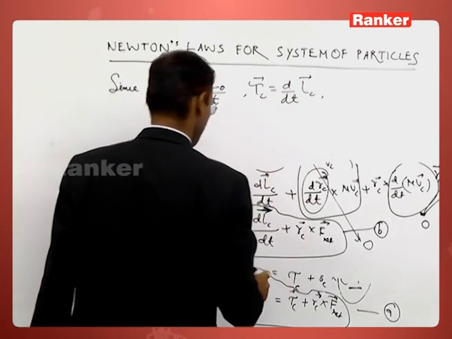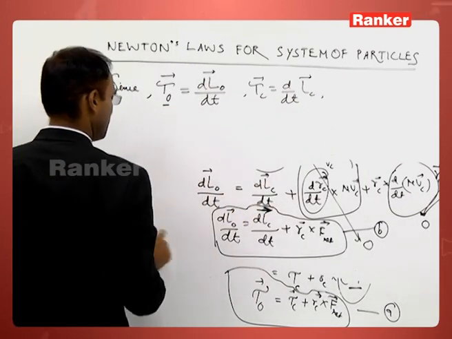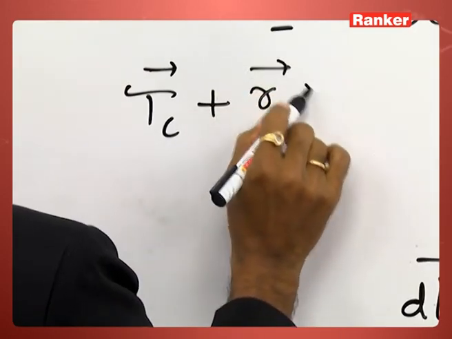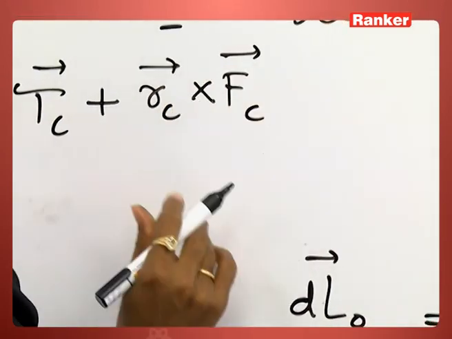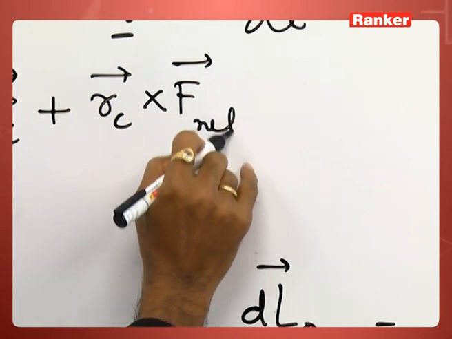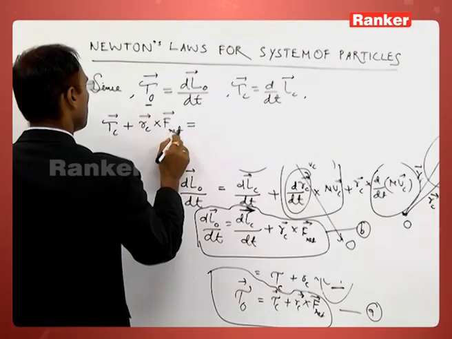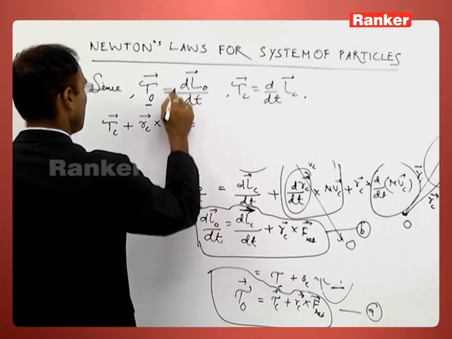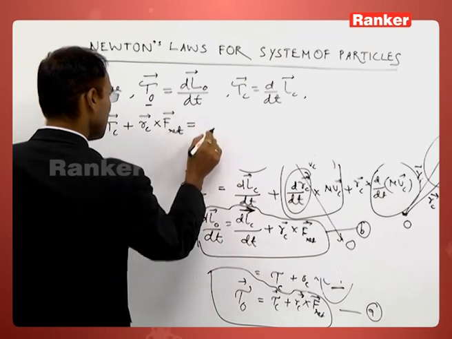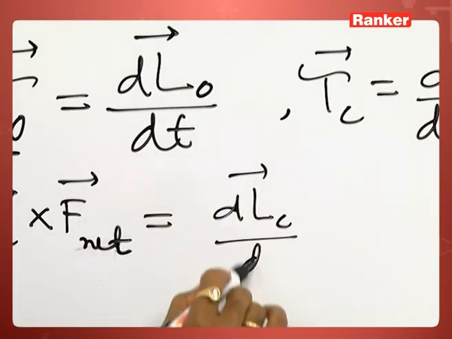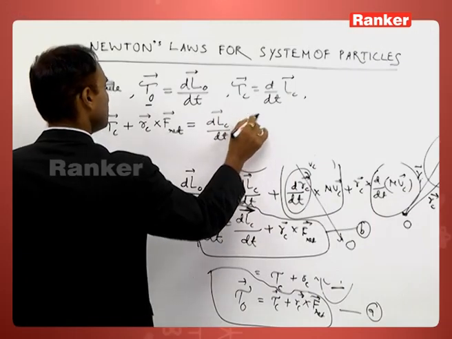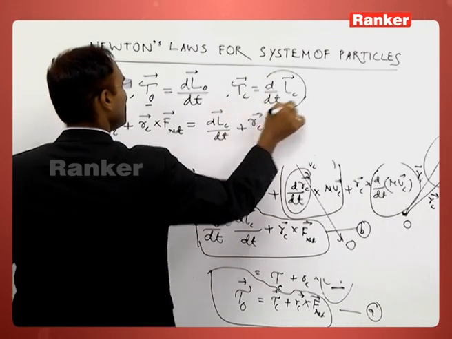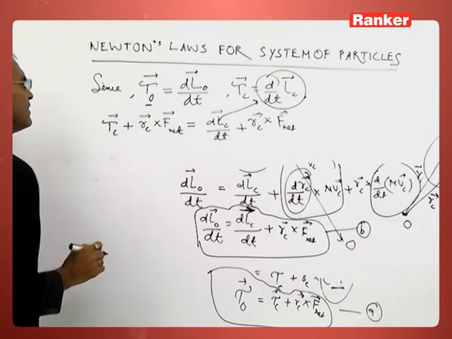Then, writing tau O is equal to tau C plus RC cross F net, we get dLO by dt equal to dLc by dt plus RC cross F net, and this factor is none other than the tau C.